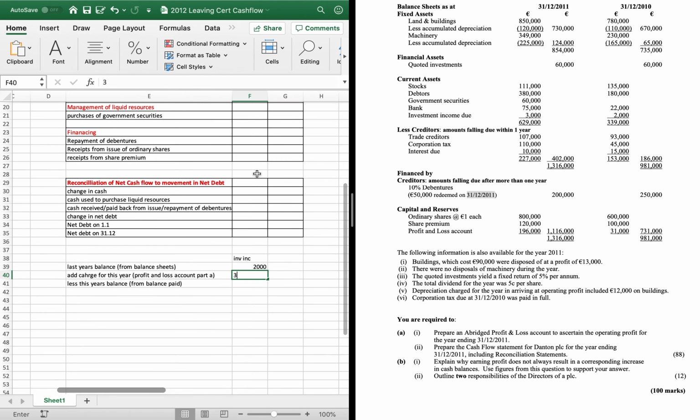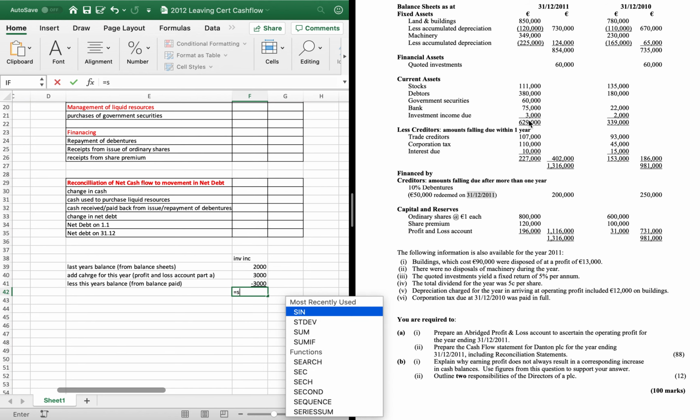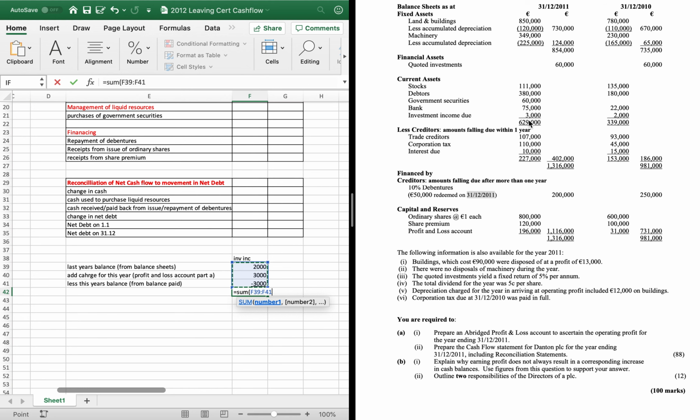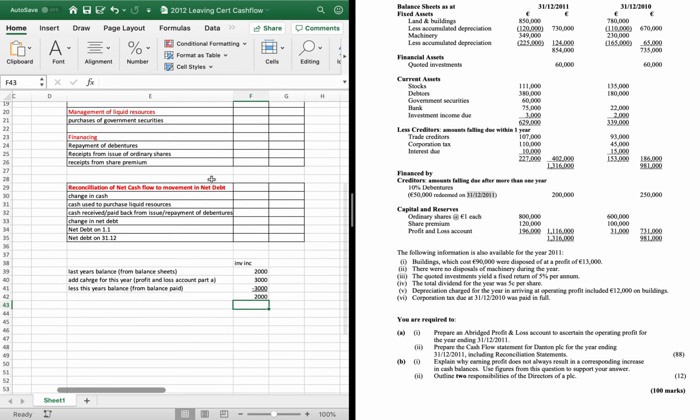So if we got everything we were supposed to get, we would have gotten 5,000. But there is investment income due at the end of the year of 3,000 that we haven't received. So we take that away. 2,000 plus 3,000 minus 3,000 gives you 2,000. So the amount you've actually received is 2,000.